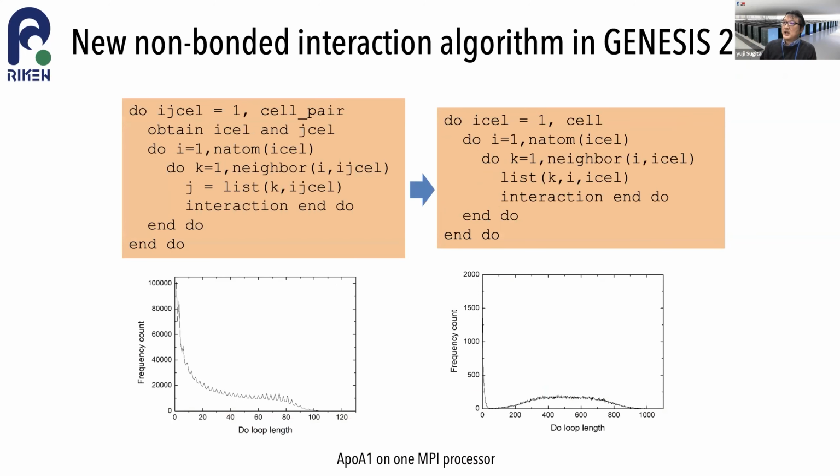Originally the loop length was very short, mostly less than 100, but after the modification of the code, we can extend it up to 1,000, 10 times longer. Because of this, we can achieve much more efficient calculation on the new supercomputers.